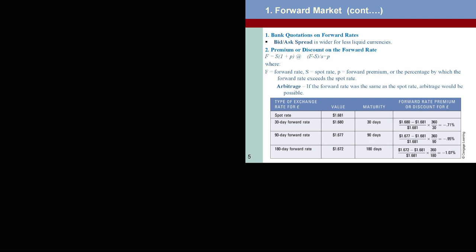However, we notice the negative sign. What's this negative sign? Why do we have a negative sign? Because the forward rate is lower than the spot rate. So it's at a discount. So the sign indicates the discount or premium situation.